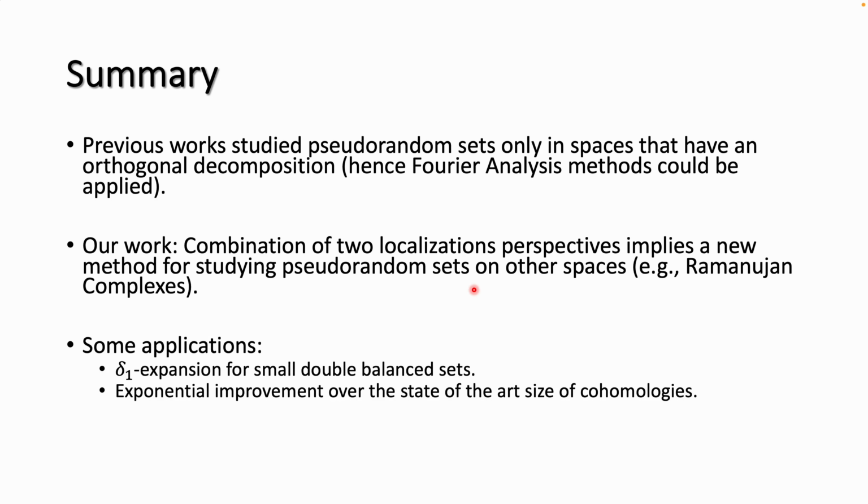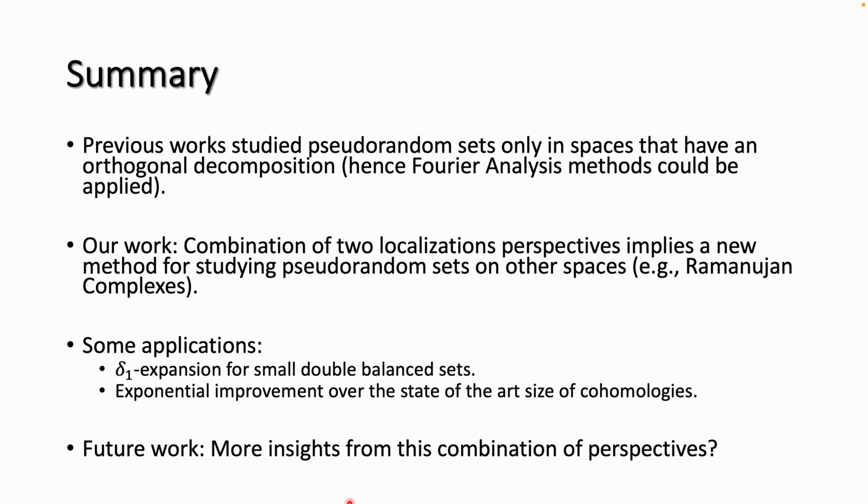Some applications that we got from it are what we call delta 1 expansion, or in other words, small set expansion for double balanced sets. And also we got an exponential improvement over the state-of-the-art size of cohomologies. It's interesting to ask if this combination of perspectives could lead to more insights, because there are many works that studied localizations, and there are other works that studied restrictions of sets.